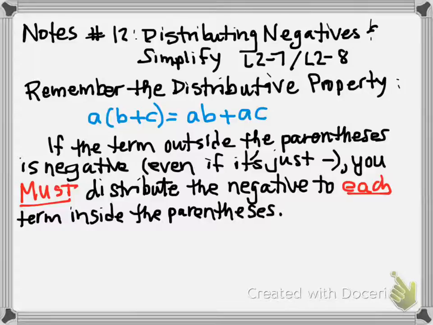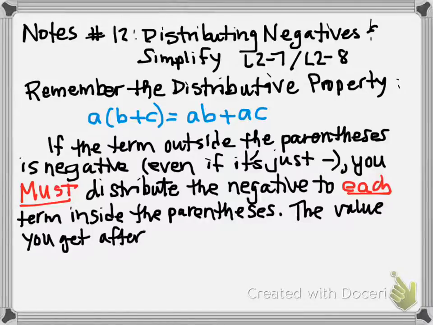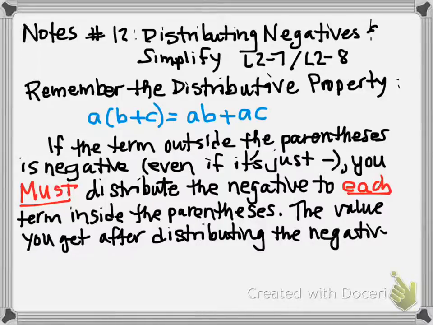Okay? Now, the product that you get after distributing the negative, this is more in the case of if there's just a negative in front of the parentheses, is called the additive inverse.